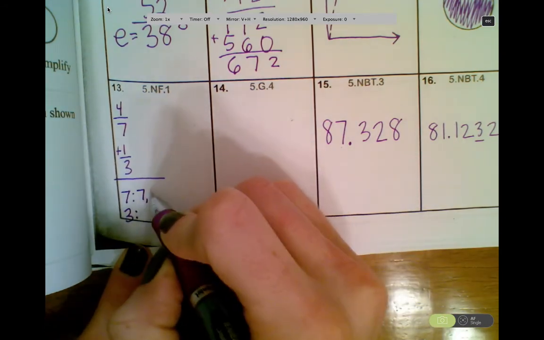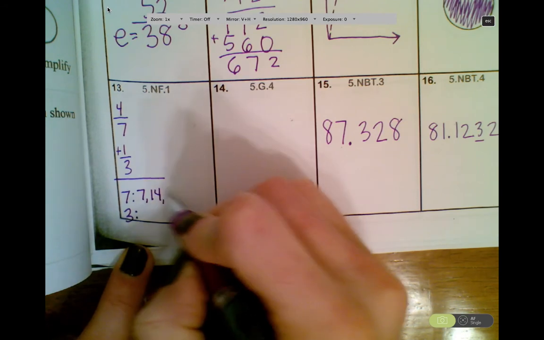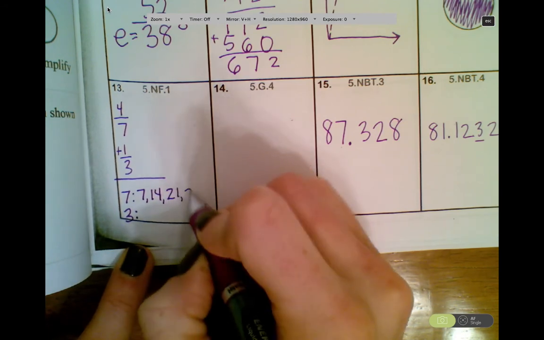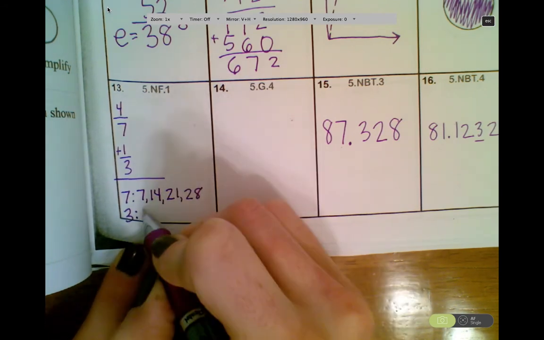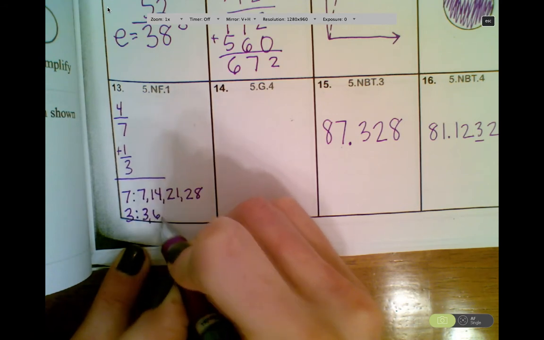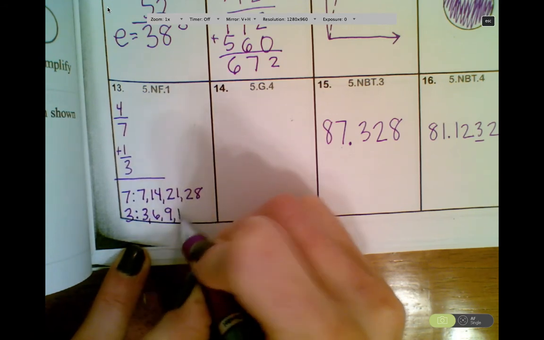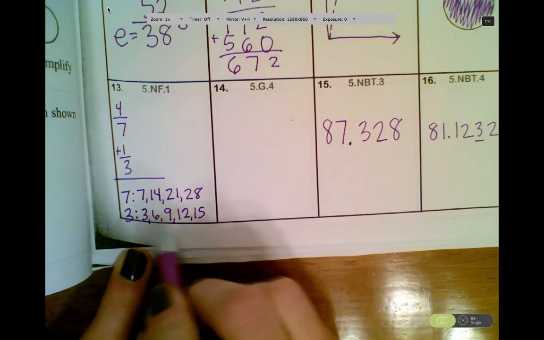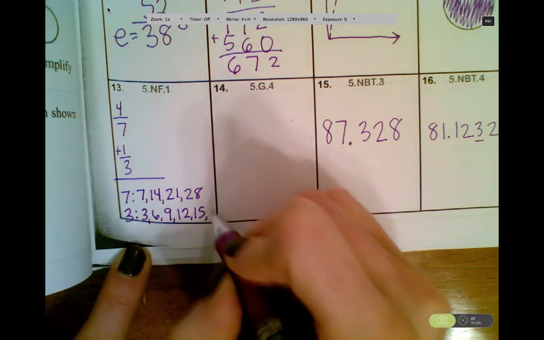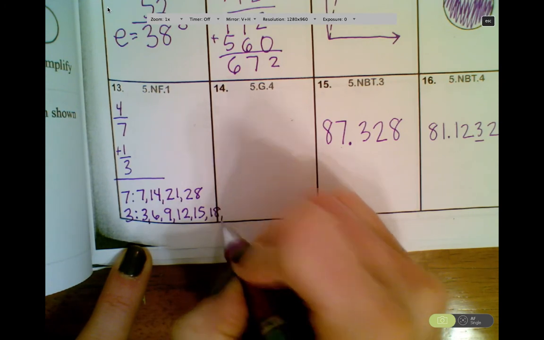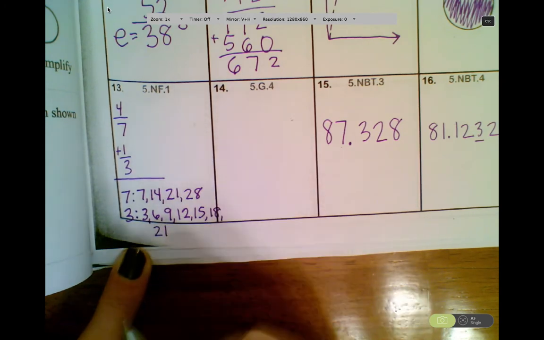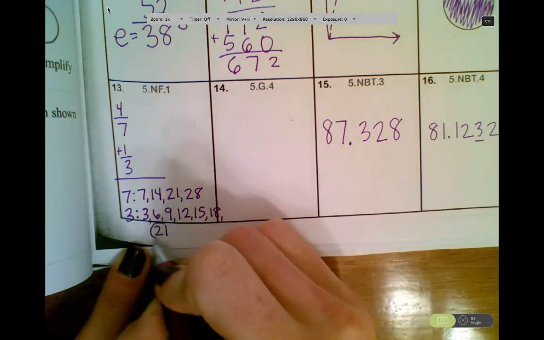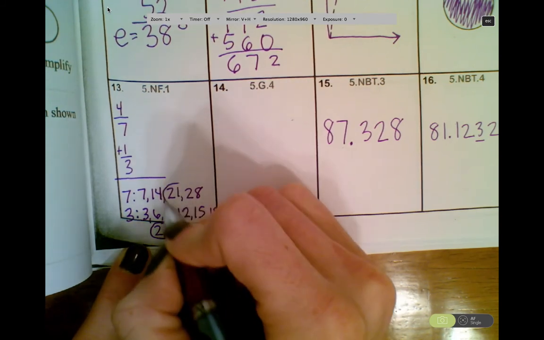So I'll list a couple out here: 7, 14, 21, 28, 3, 6, 9, 12, 15. I still don't have any in common yet, so I have to keep going. 18, 21. Finally, I see one that they both have in common, which is 21.